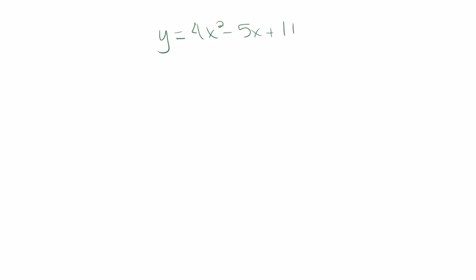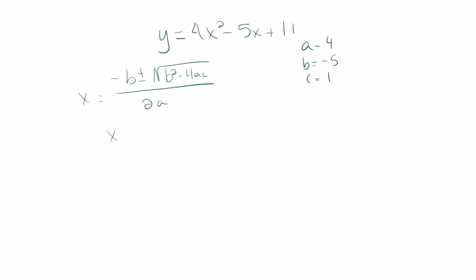Make sure it's weird. Okay, so A is 4, B is negative 5, C is 11. So once again, opposite B plus or minus the square root of B squared minus 4AC all over 2A.